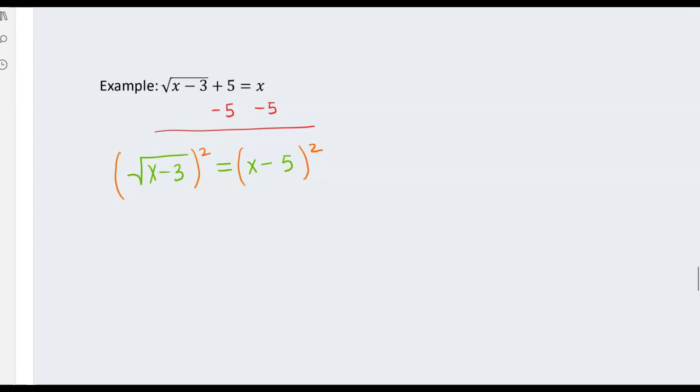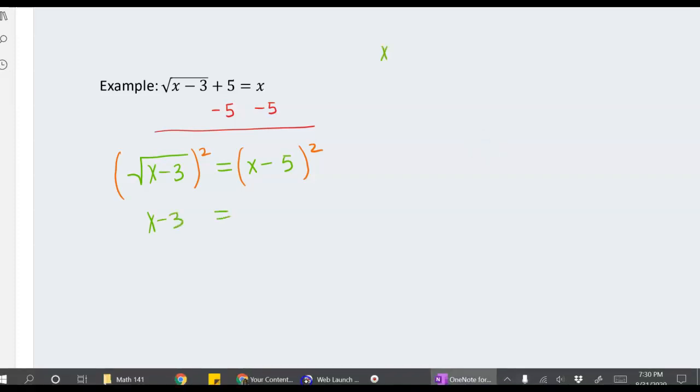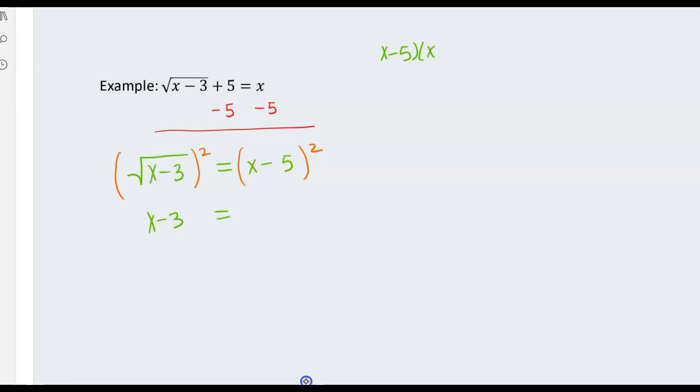The left-hand side is easy because the square and the square root symbol will cancel each other. But on the right-hand side, I've got to think about x minus 5 multiplied by x minus 5, right? We square the first term, we square the last term, and then we take the two terms, multiply them together, and double. So minus 10x.